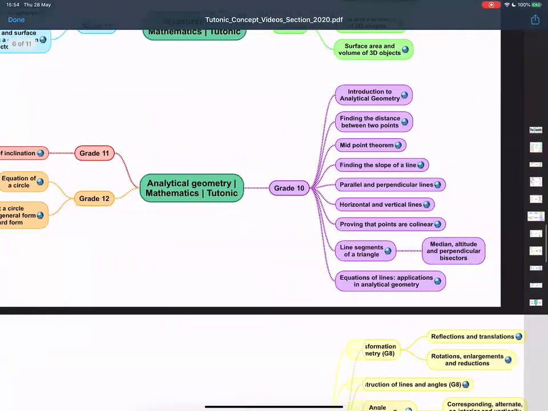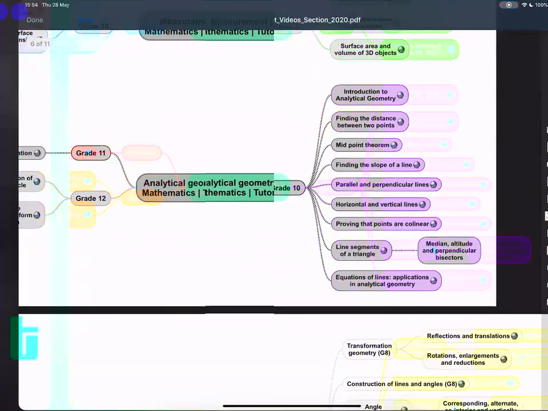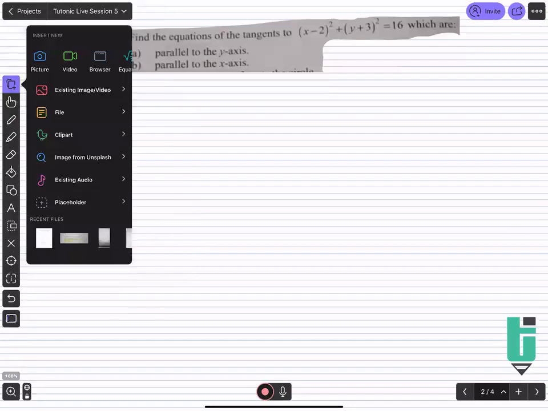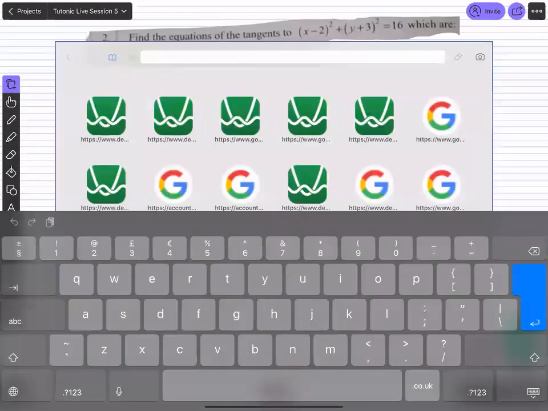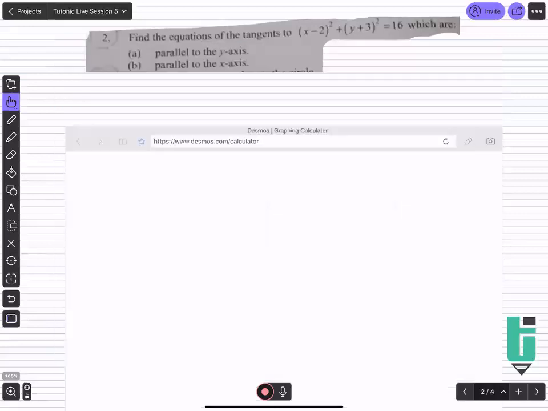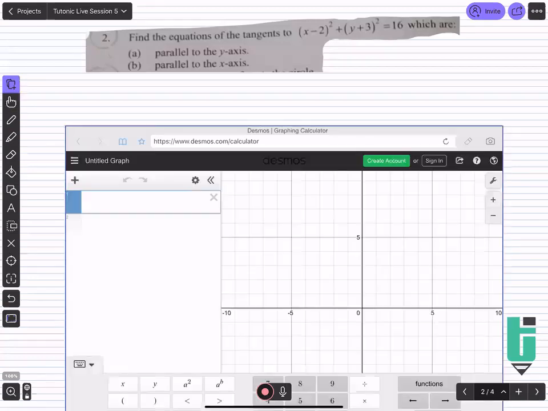Okay, so now, Naima, since you've done circle geometry already, can you tell me something about the circle? What can you tell me about the circle?